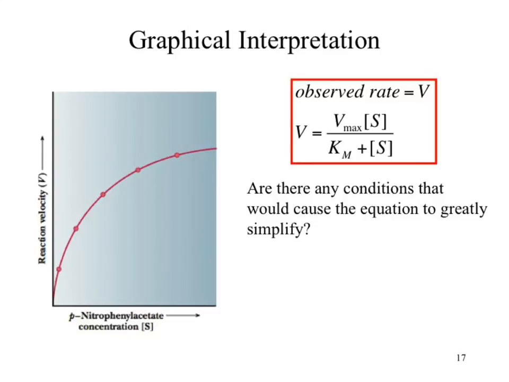From this curve, we took a stab at saying what Vmax was. So let's say Vmax is here. Can you tell me what Km is? Can you determine Km from this curve?